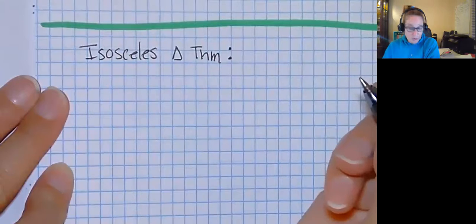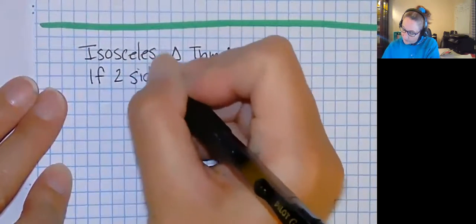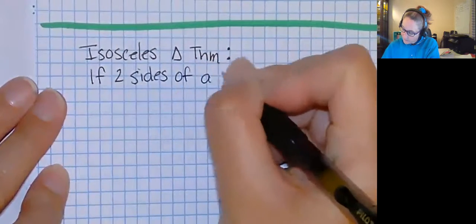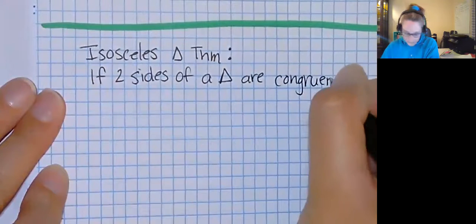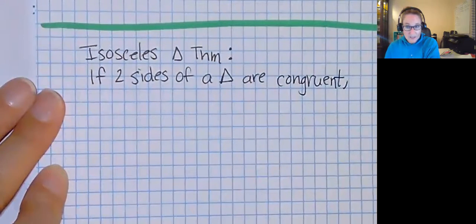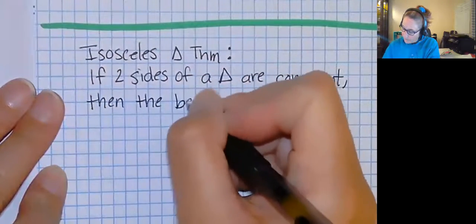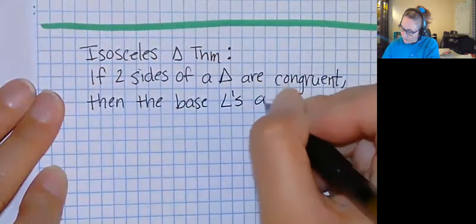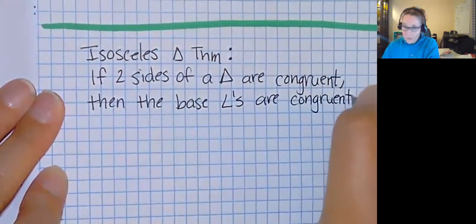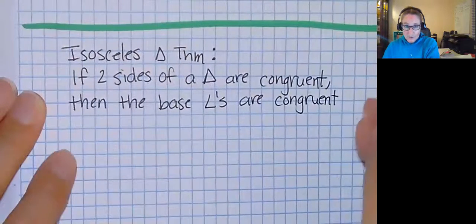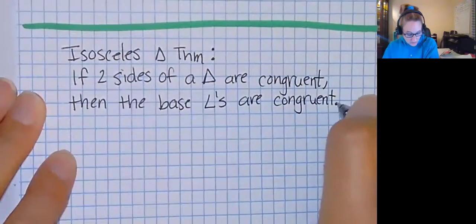If two sides of a triangle are congruent, then the base angles are congruent. When I say base angles, I mean the angles opposite from the two sides that are congruent. So if two sides of a triangle are congruent, then the base angles are congruent.